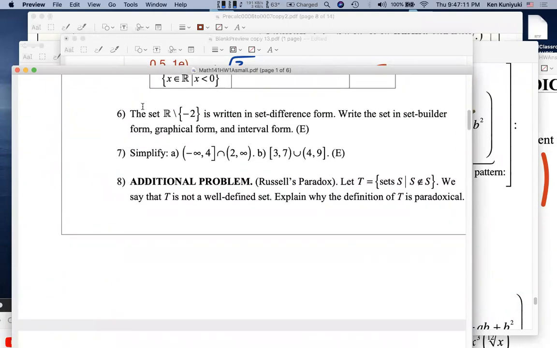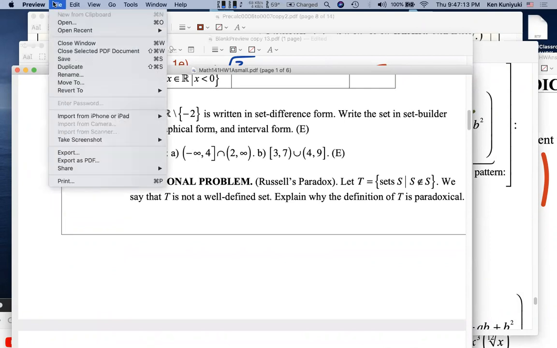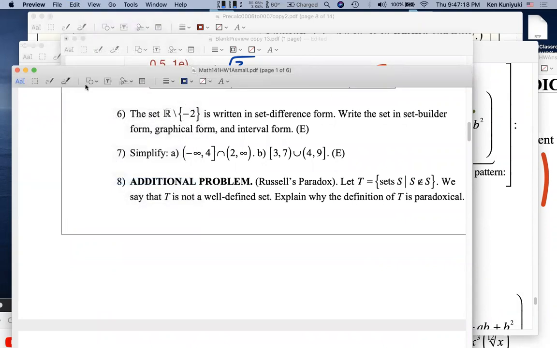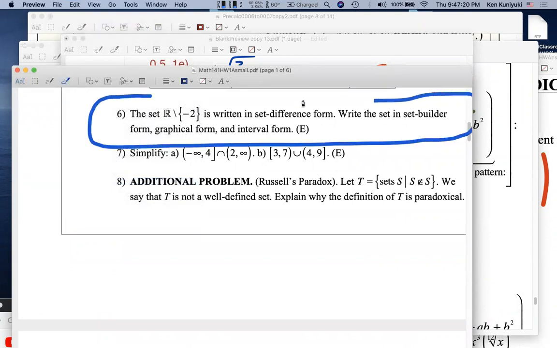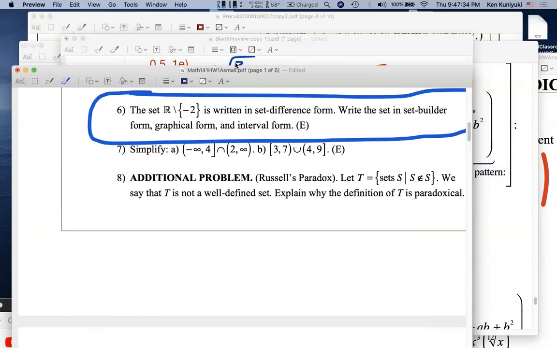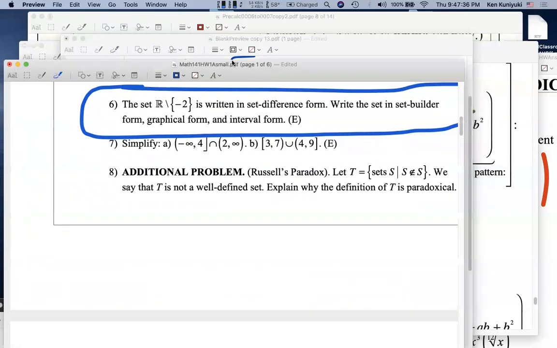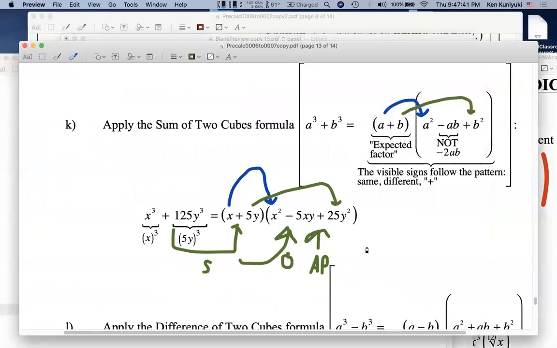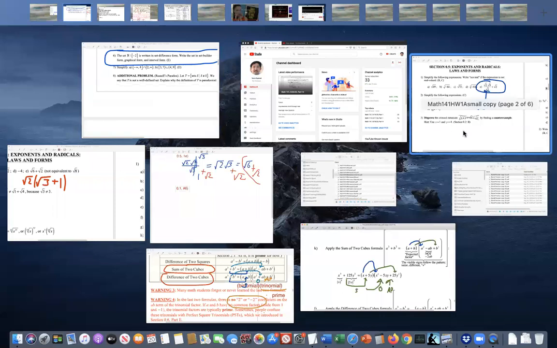Okay. In fact, I might just go straight to the answer because it's a better typeset. Okay, the set R, set difference, -2. So I want the set of all real numbers except for -2. All right. And by the way, if I have the wrong problem, please let me know in the chat. Okay, sometimes I refer to the wrong problem. Okay, so this one, right? I'm gonna go straight to the answer because it has the better typeset. That'll help out a lot here.